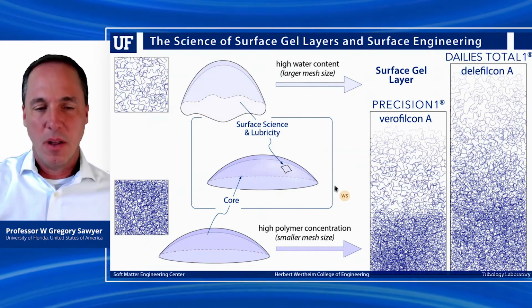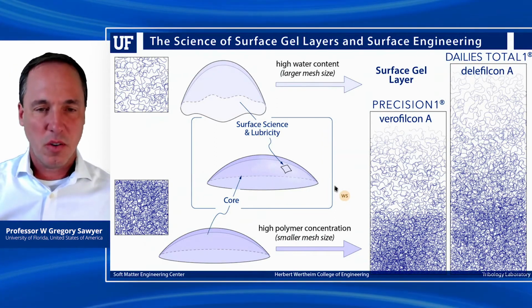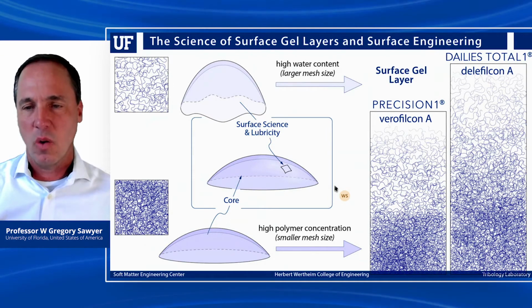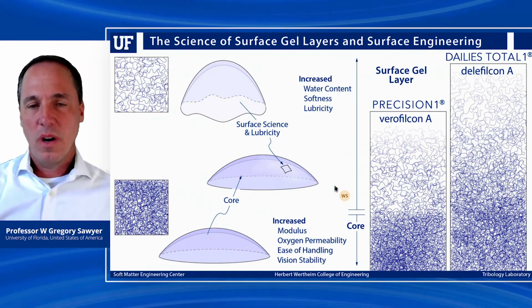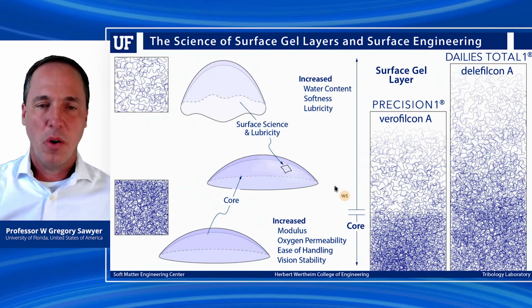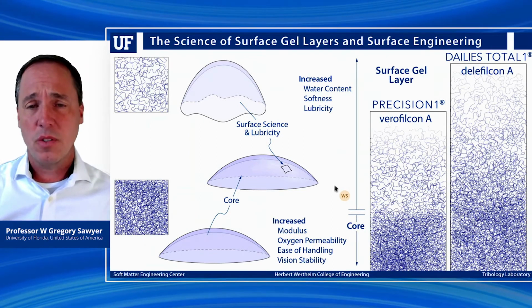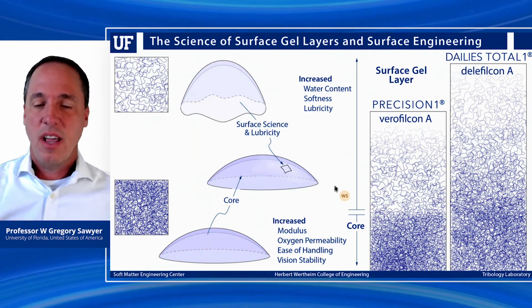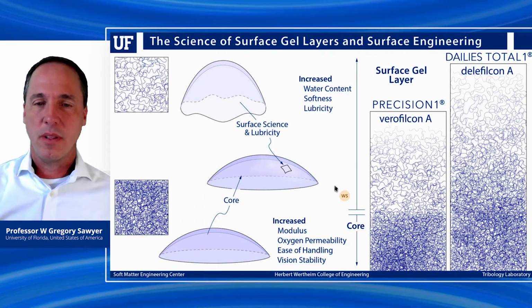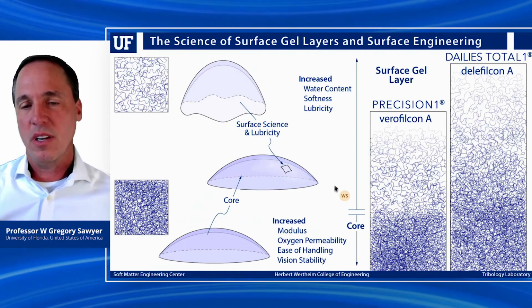We've put the high polymer concentration where it needs to be for transport properties and handling in the core. And if we take a look at the design structure now, what it allows us to do is take the best of both attributes. Increase the water content, softness and lubricity at the surface, increase the modulus, oxygen permeability, ease of handling, and vision stability in the core.